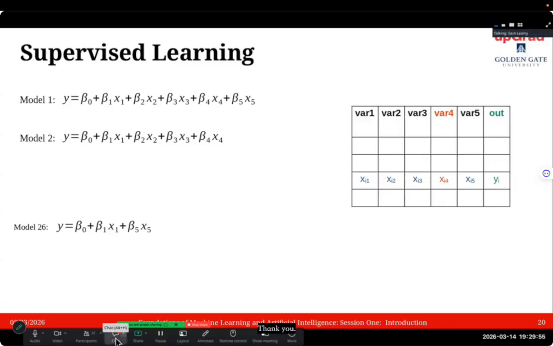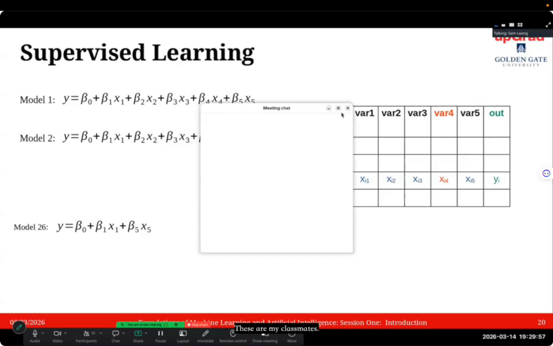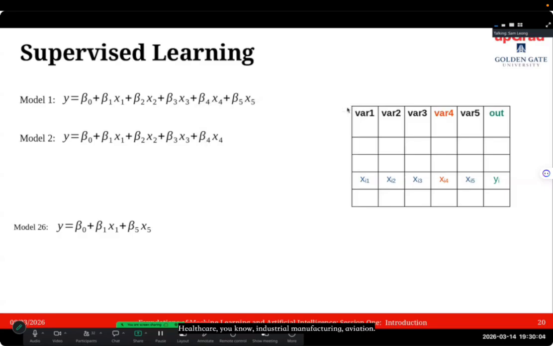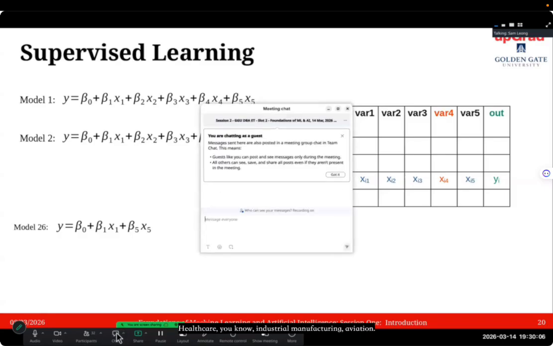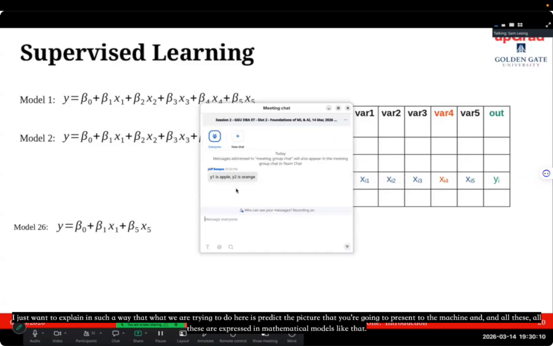Thank you. These are my classmates. I know that they come from different practices: healthcare, industrial manufacturing, aviation. So this is just like machine language. I just want to explain that what we are trying to do here is predict the picture that you're going to present to the machine, and all these are expressed in mathematical models.